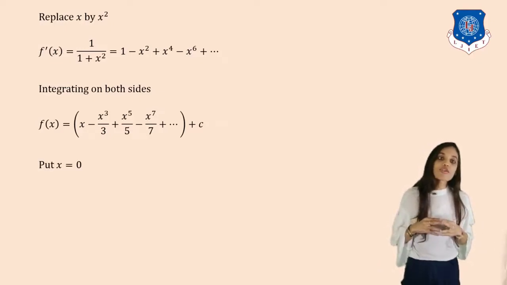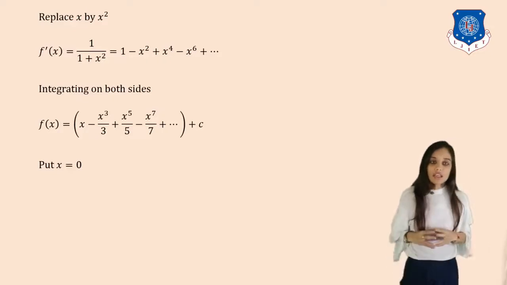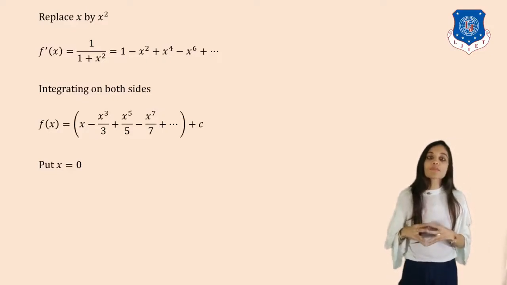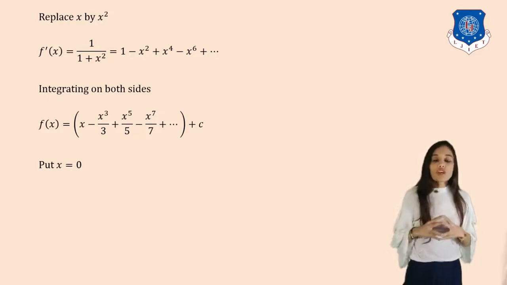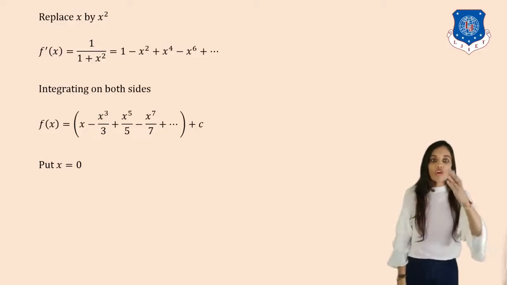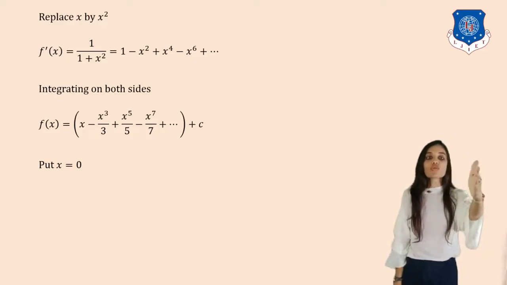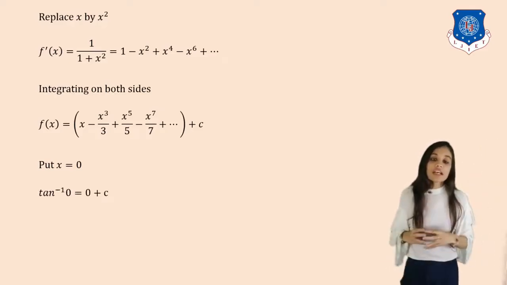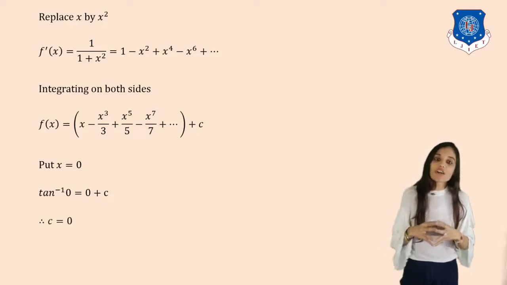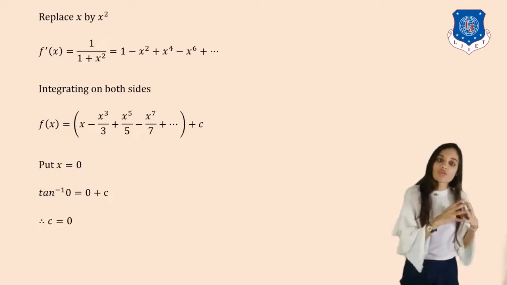Now our task is to find the value of c. Whenever we are finding the Maclaurin series, we always put the value of x as 0. So in the above equation we put x as 0. So f of 0 is equal to 0 plus c. Now our f of 0 is tan inverse 0, and tan inverse 0 is equal to 0. Therefore our value of c is equal to 0.